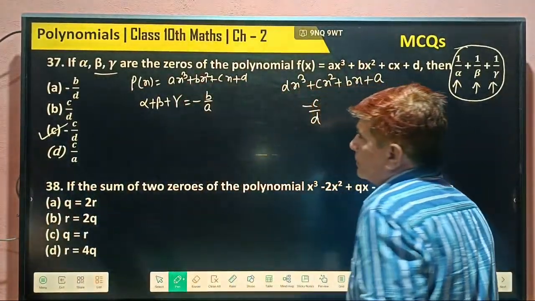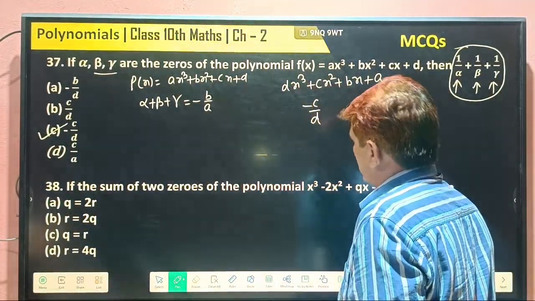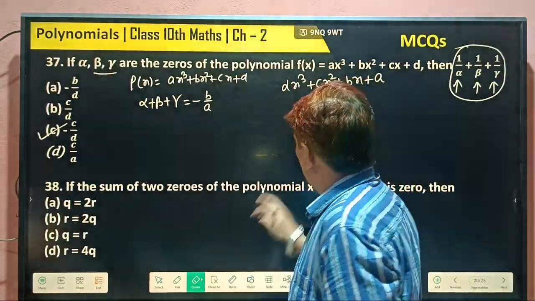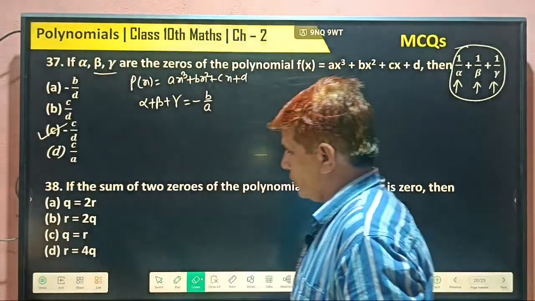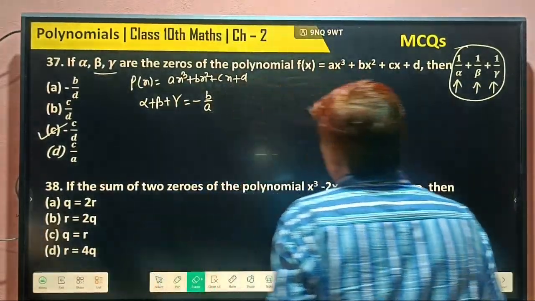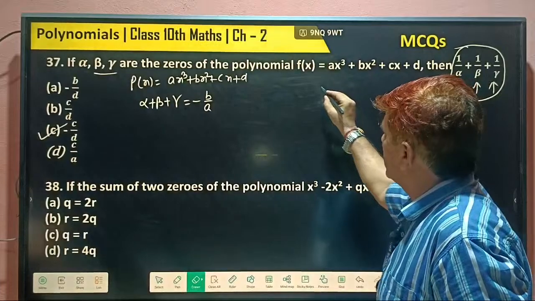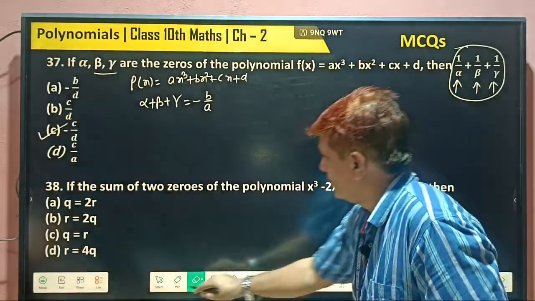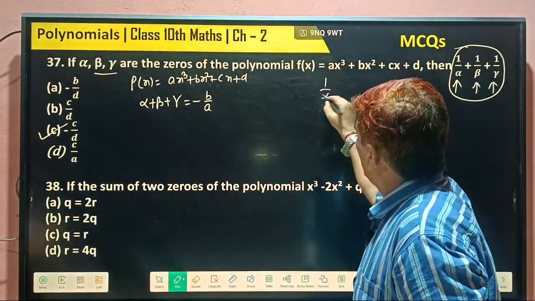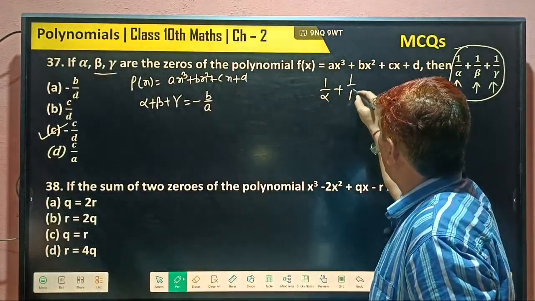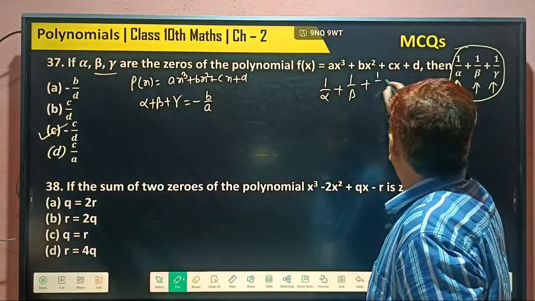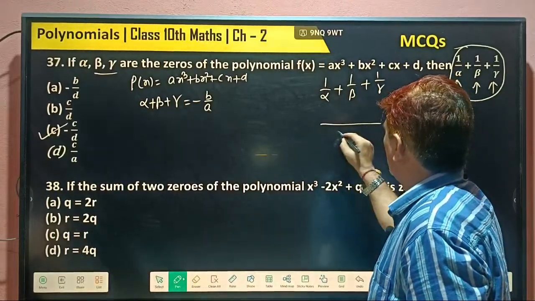Otherwise, how can you solve it? I told you the answer directly, and how to write the equation, that I also told you, but now I'm telling according to this. First we will solve 1 by alpha. I am saying this is its answer. Later on we can verify also 1 by beta, 1 by gamma. So what's your LCM?